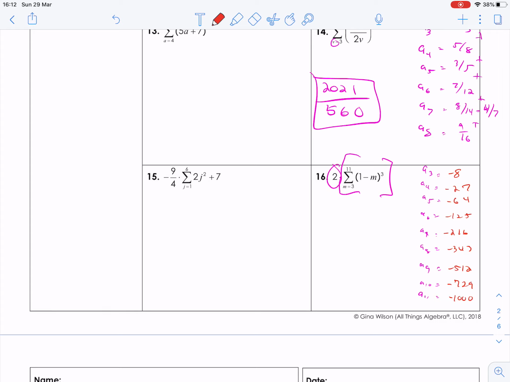So we add all those together. That number would be the sum of this finite set. And so we would still have our 2 left over. We would have 2 times whatever that sum was, and that sum was negative 3024, and that would give us our answer of negative 6048.